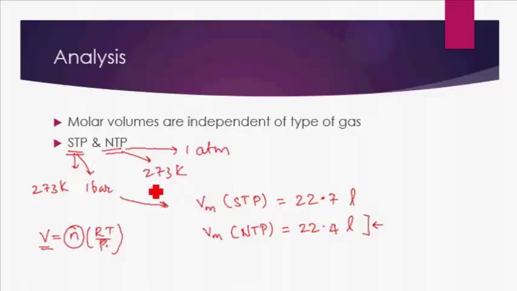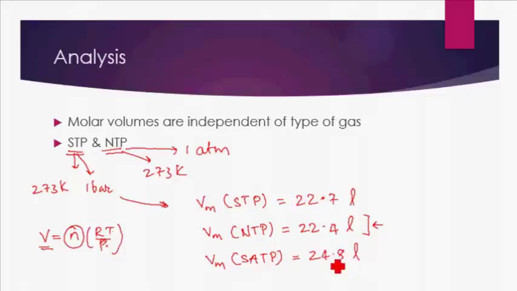Okay, apart from these two conditions, we had also studied another condition called SATP, standard ambient temperature and pressure. That was 298 Kelvin and 1 bar pressure. Under those conditions, molar volume of any ideal gas comes out to be approximately 24.8 liter.